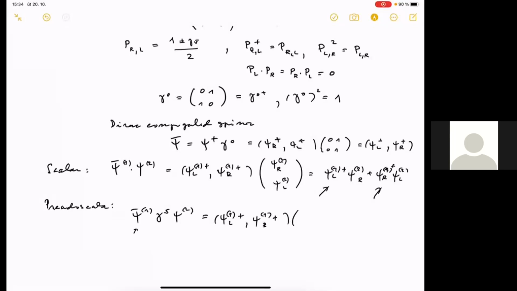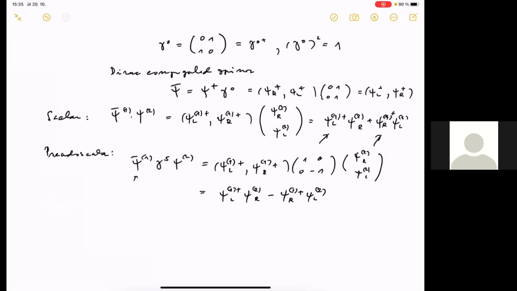But now the matrix we are interested in is 1, minus 1. So we get just, here is psi 2R, psi 2L. And we see that we get a similar invariant as in the previous case, but with a minus sign between these two terms. So we obtain psi 1L cross times psi 2R minus psi 1R cross times psi 2L.